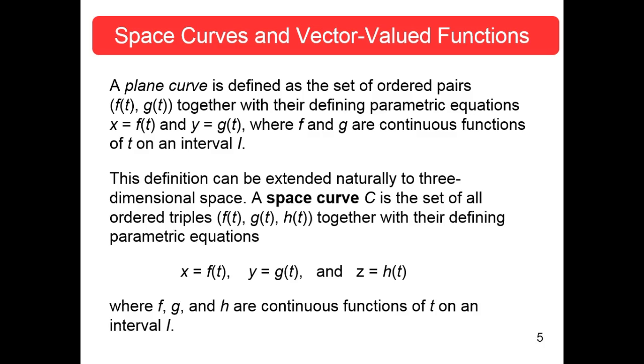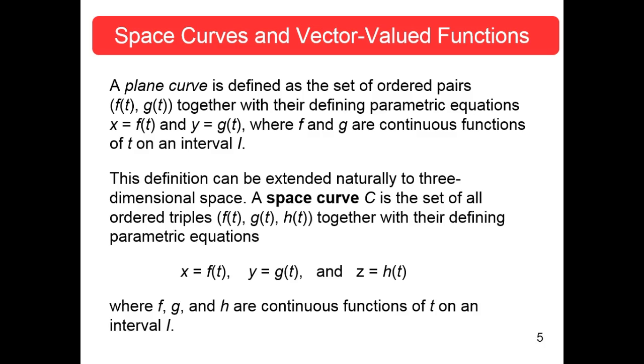On a plane, a curve is a set of ordered pairs, f of t, g of t, together with the defining parametric equations. x would be your f of t, y would be your g of t, because this is your x coordinate, y coordinate.